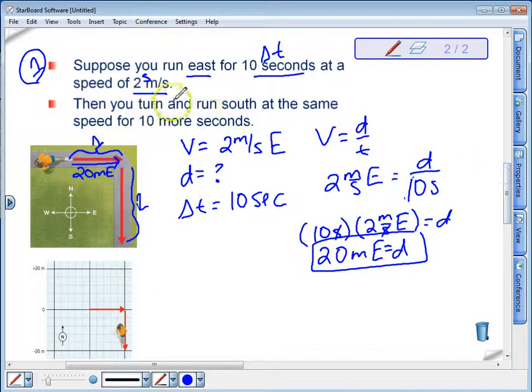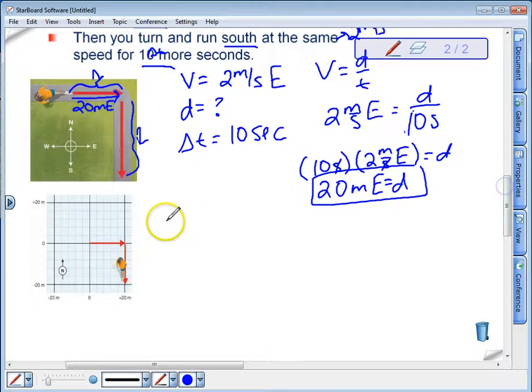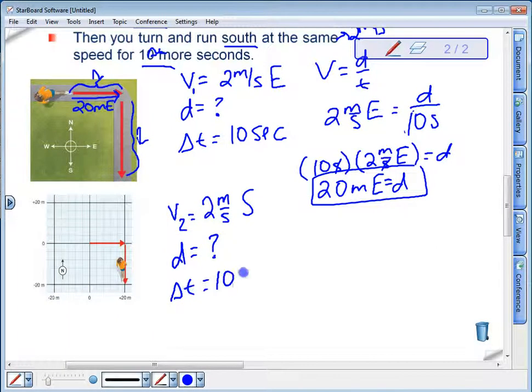Then I made a turn and I went south at the same speed, so my speed is still 2 meters per second, 10 more seconds. So there's my change in time. So for my second leg, my velocity now is 2 meters per second south. My displacement, I don't know, but my change in time is another 10 seconds.